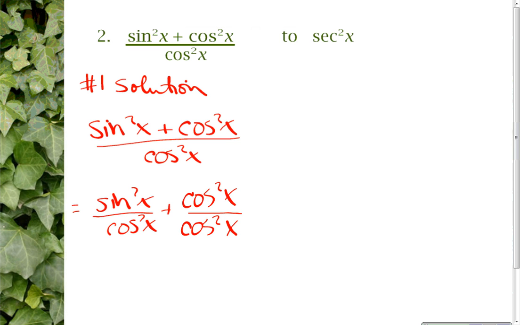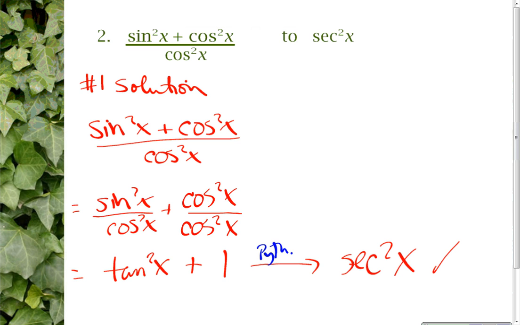And then from there, this is going to become tangent squared x. This is going to become 1. And then by Pythagorean identity, that's going to turn into secant squared x. Not too bad.